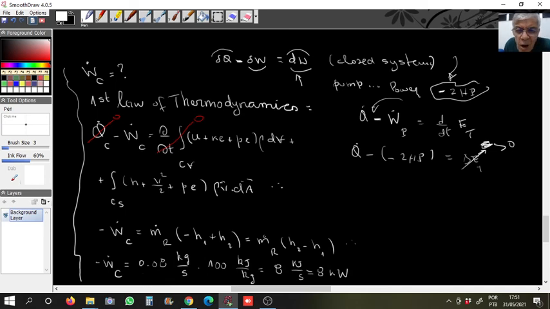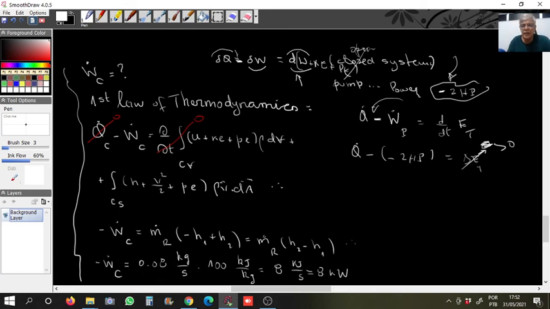Likewise, the power of a turbine will be plus, because in the turbine the fluid loses energy, so this minus here has to remain. So, this is a closed system. For the open system, instead of U, you have plus kinetic energy plus potential energy. That's the difference between closed and open system.